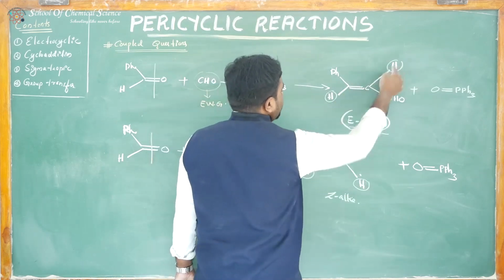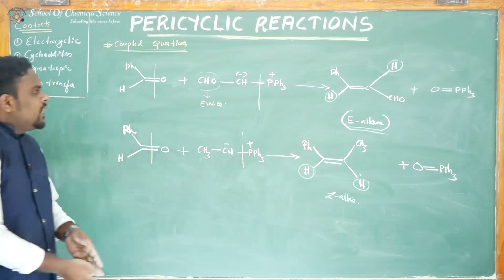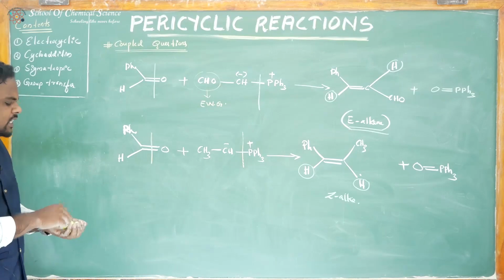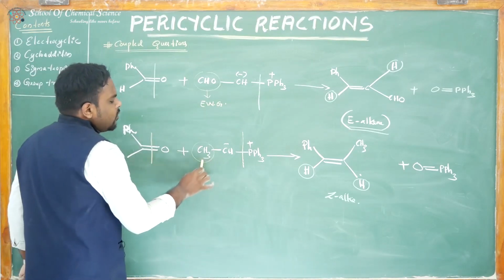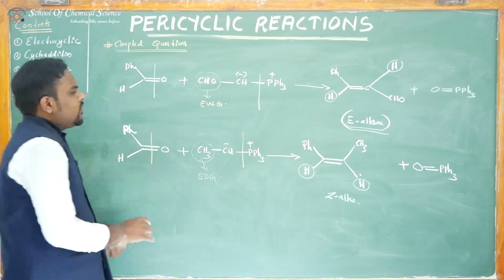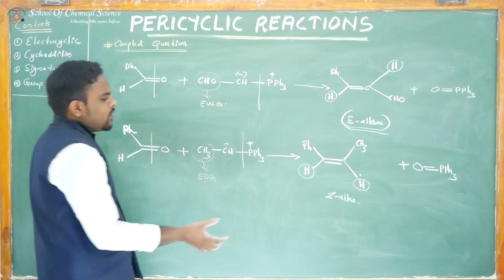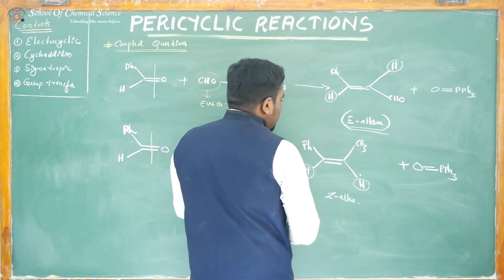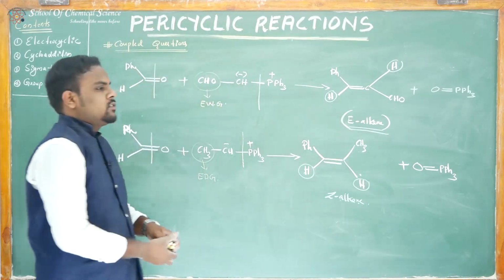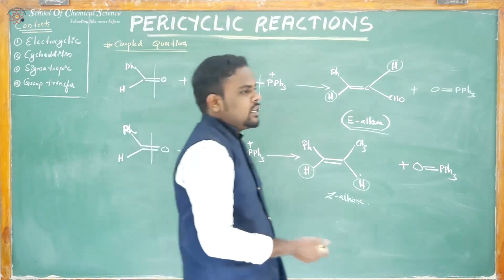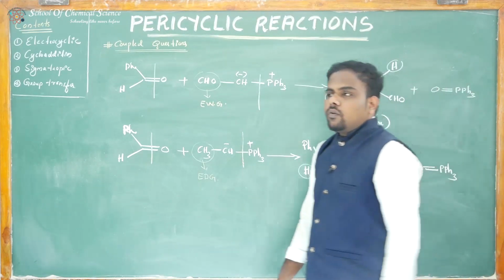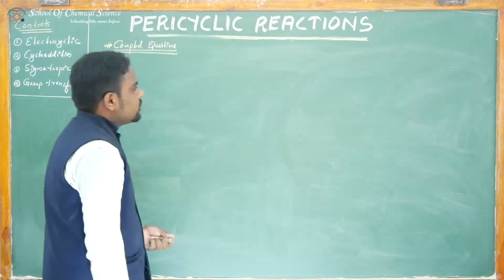Same priority group on opposite side is E-alkene. Here CHO is electron withdrawing, while here the group G is electron donating. If the G group is electron withdrawing, the product is an E-alkene; otherwise it is a Z-alkene. So that is the stereochemistry of the Wittig reaction. The Wittig reaction is basically shown by a carbonyl compound and a phosphonium ylide.